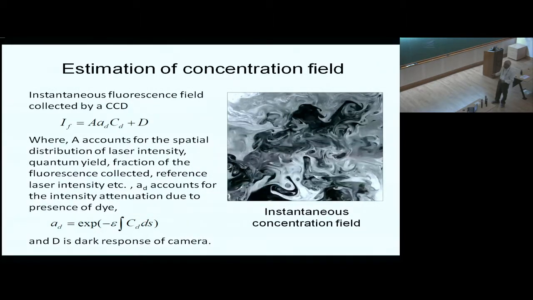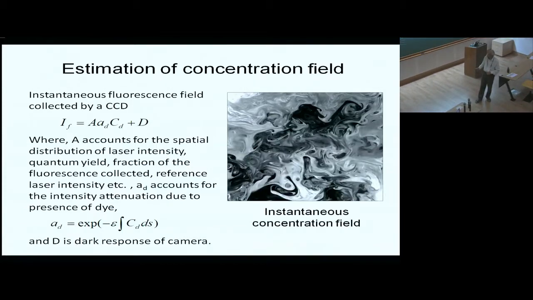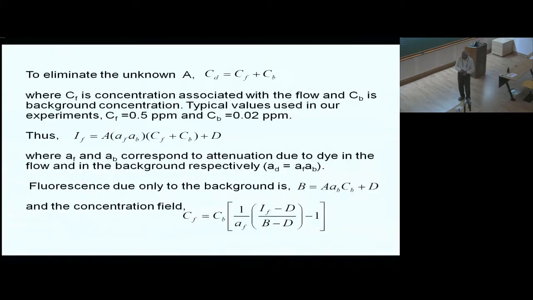So you have to take into account that absorption, which is given by this equation. That correction has to be made. Besides that, you'll have some other changes in concentration due to the optics itself, and some noise from the camera itself. So one has to correct for all that.